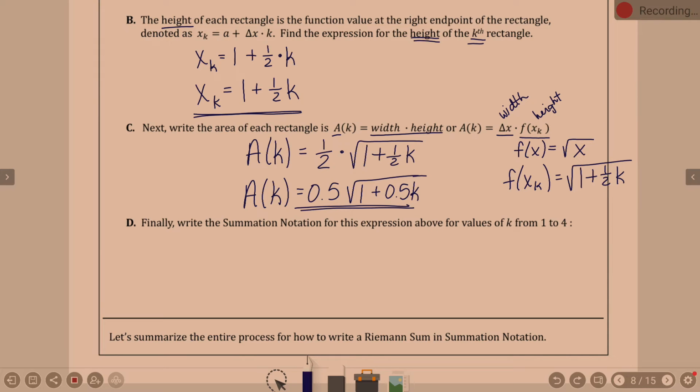Finally, we're going to write the summation notation for this expression for values from k equals 1 to 4. So, summation notation. There's my fancy sigma, however you draw yours.